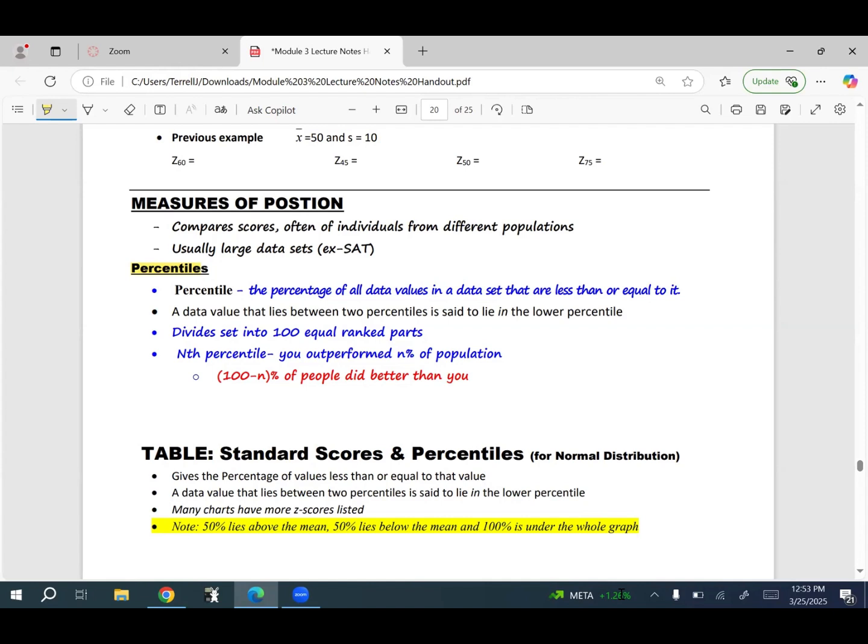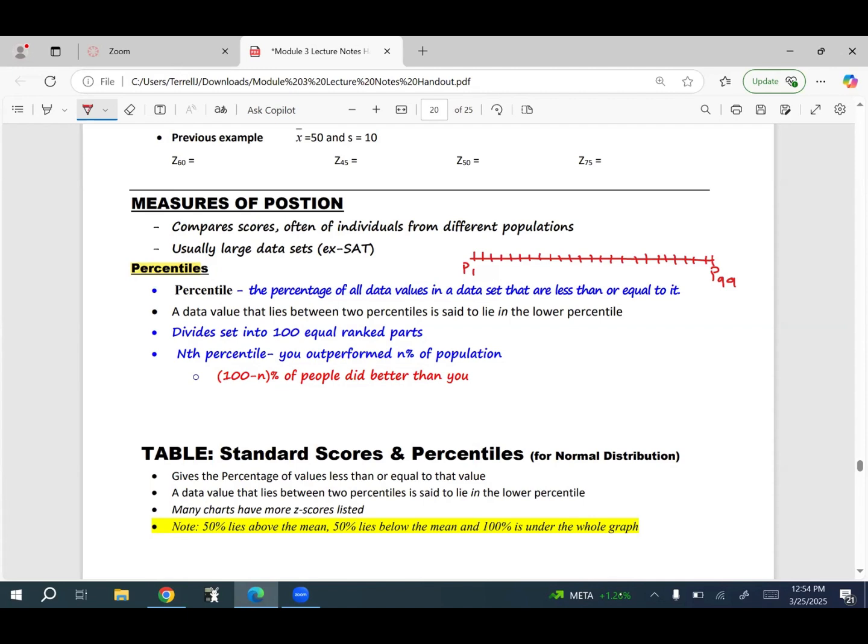With percentiles, we think of percents, and percents are out of 100. So what a percentile does is, let's say you have a data set, it separates your data into 100 pieces. And in order to separate it into 100 pieces, I would have 99 percentiles. So you go from 1 percentile up to 99.